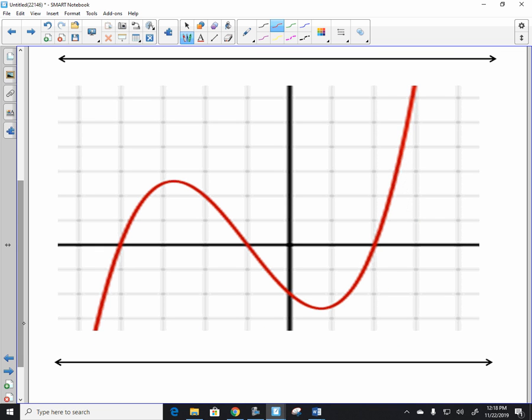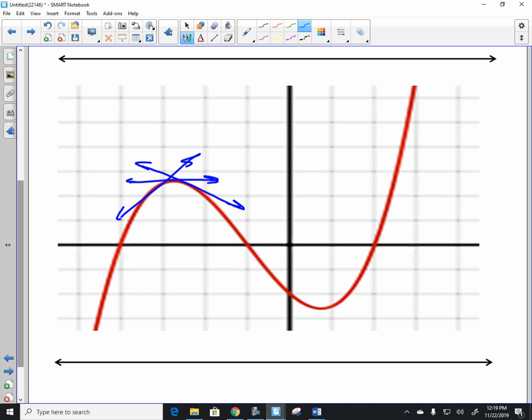Local max or local min? Local max. What's the derivative at the local max? It is 0. Look at what happens. We can't say that just because the derivative is equal to 0, that that's where you have a local max.